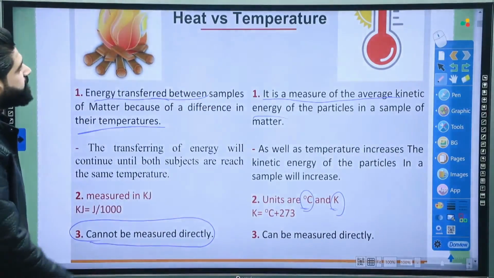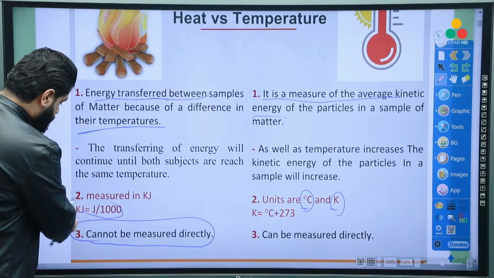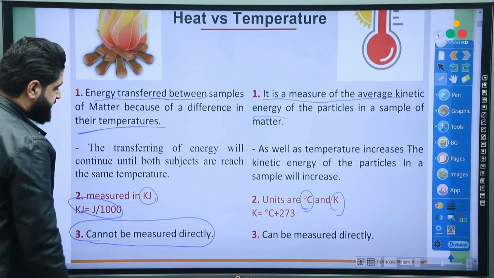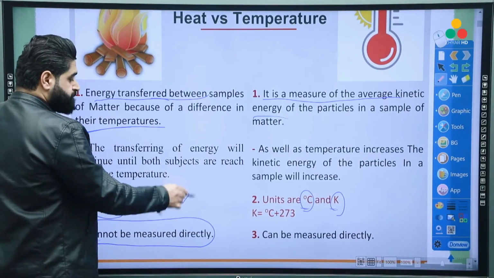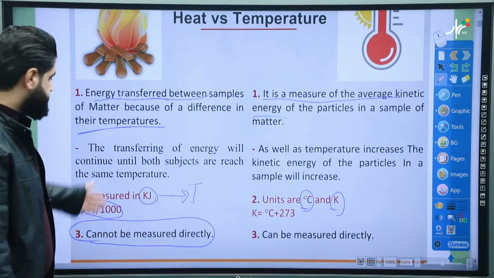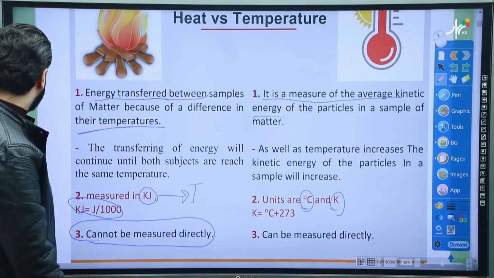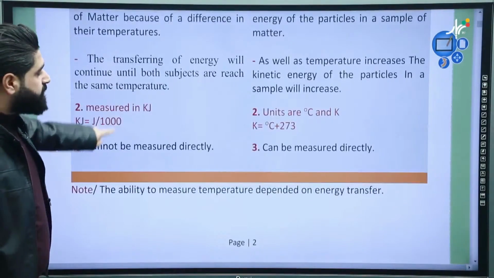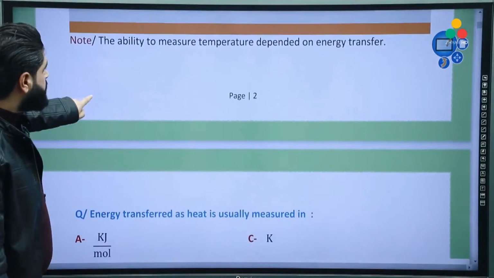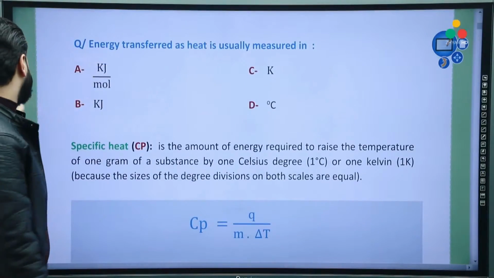But for heat, which is a form of energy, it's measured in kilojoule, and can be changed to joule. You know the conversion factor. It's very easy. You studied it in a previous grade, I'm talking about grade 11 or 10. Well, energy transferred as heat.